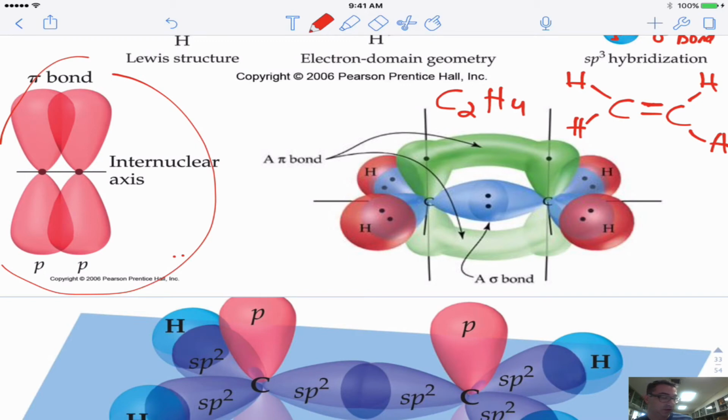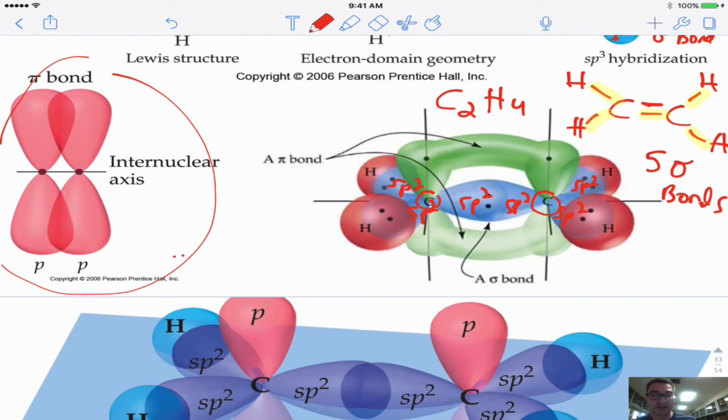So here's my carbon, and then it has sp2, sp2, sp2, sp2, sp2, sp2. That accounts for all of these bonds that I'll highlight here. 1, 2, 3, 4, 5. So those 5 bonds, those are 5 sigma bonds.